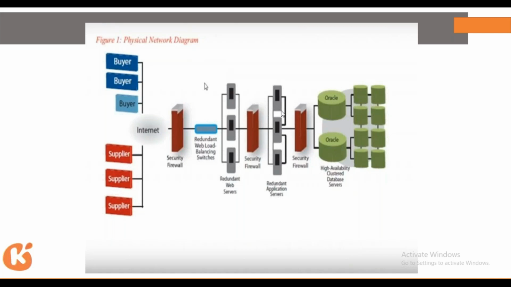From there, once it crosses again, it reaches the third security wall, which again performs cross-checking from the data security point of view. Only if the third security wall provides confirmation will the information reach the database server.